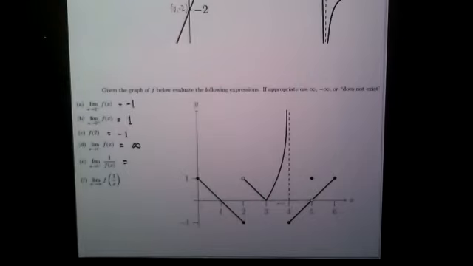over f of x. Let's go back again. Ryan. No Ryan. Okay.